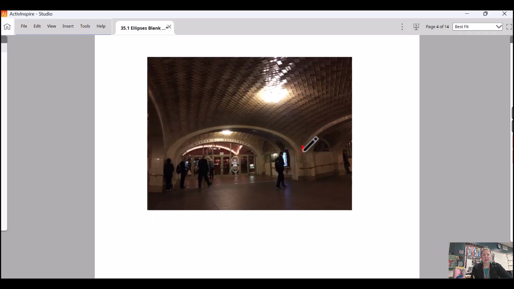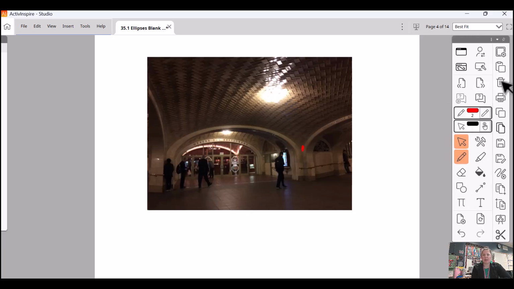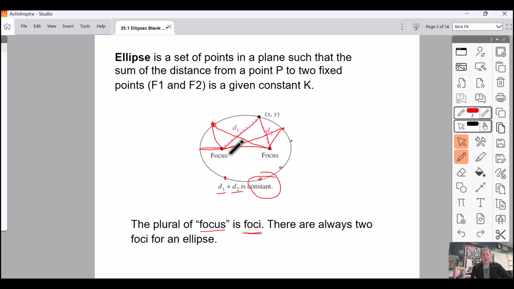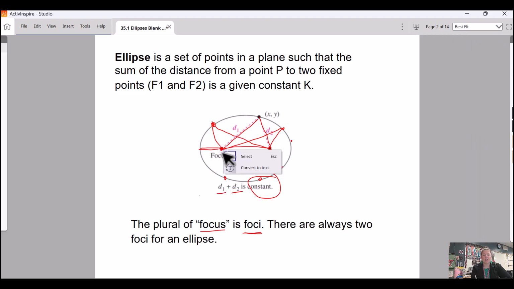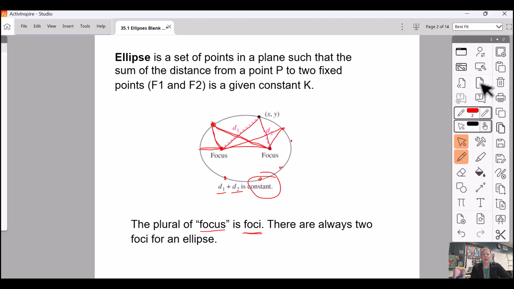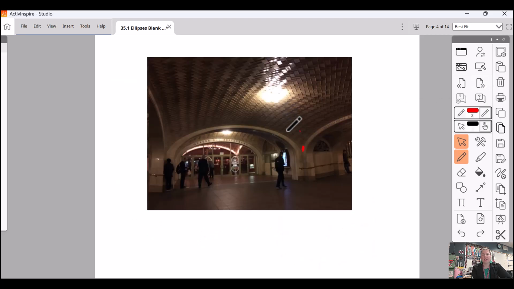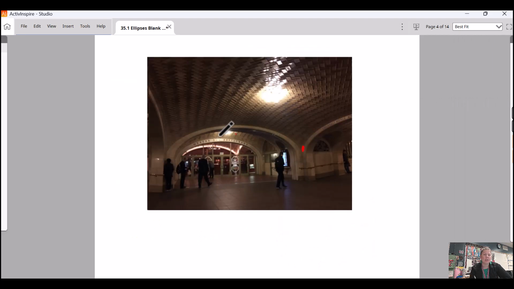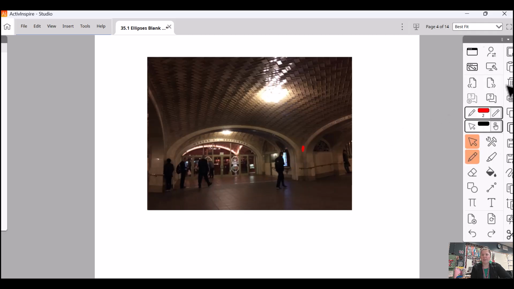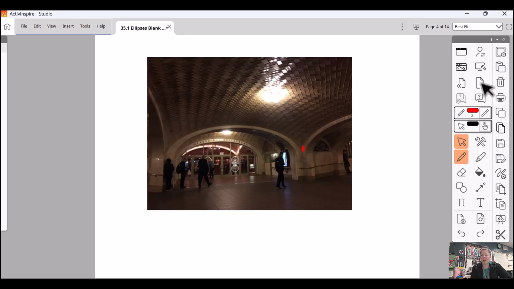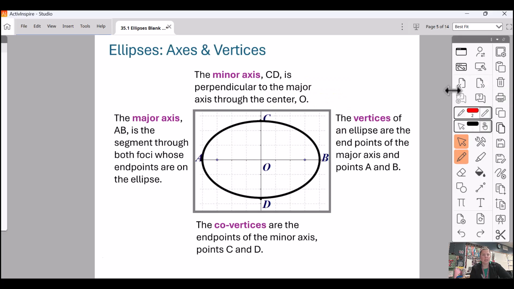When you stand in the corner and talk, because of the way the shape is, like we drew here, the sound goes straight to the ceiling and then to the other focus point. It's a very direct path for the sound wave to travel, and they call it a whispering gallery. In the basement of Grand Central Station there's a whispering gallery, and that's just some of the cool things where you can see ellipses in the world.